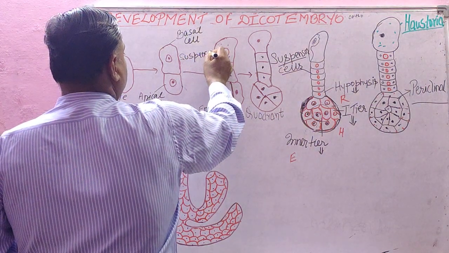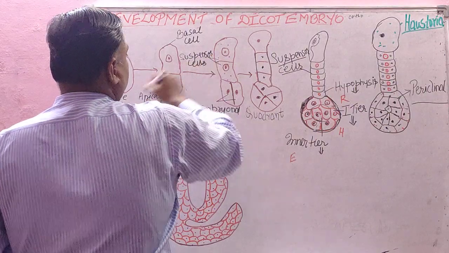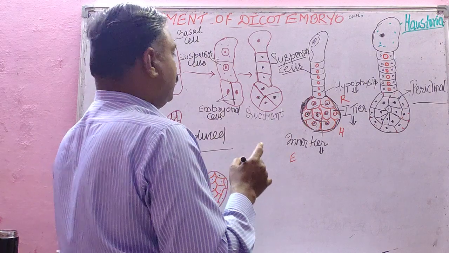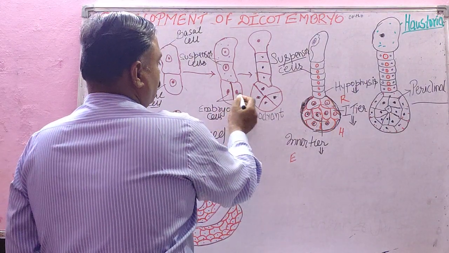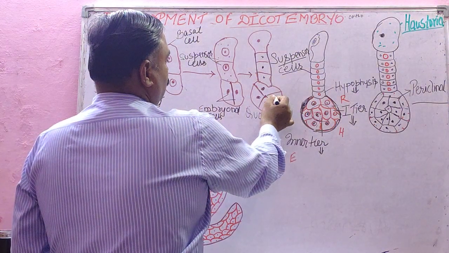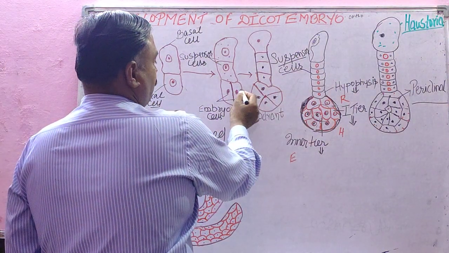suspensor cells. Now student, these two embryonal cells have again a perpendicular division, at right angle to the vertical division, and naturally it will give rise to 4 cells.